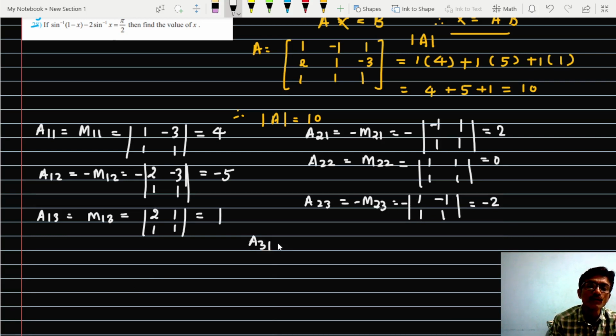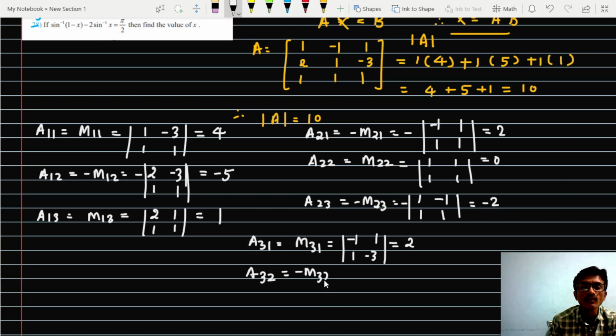After this, A31 is equal to M31, value of the determinant, third row and first column. Minus 1 1, 1 minus 3. Expansion is 3 minus 1, 2. A32 is equal to minus of M32. What is this? Expansion of this determinant, third row and second column, 1 2 and 1 minus 3.